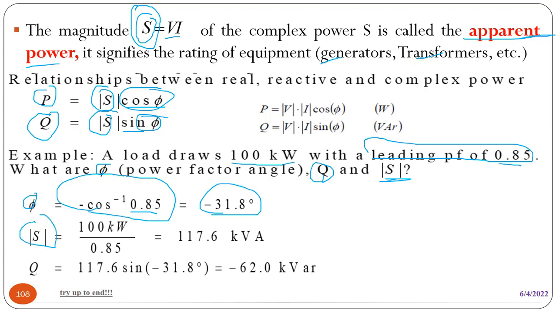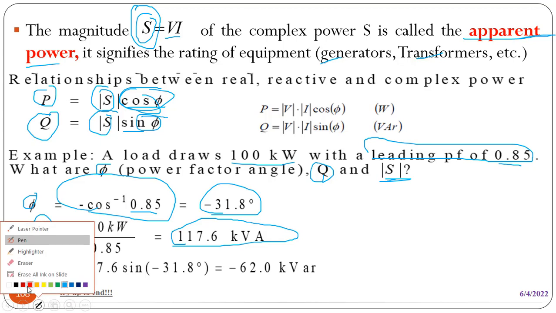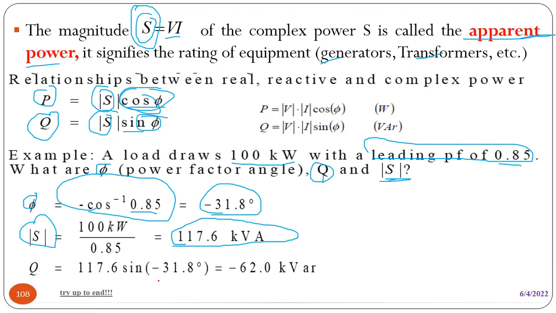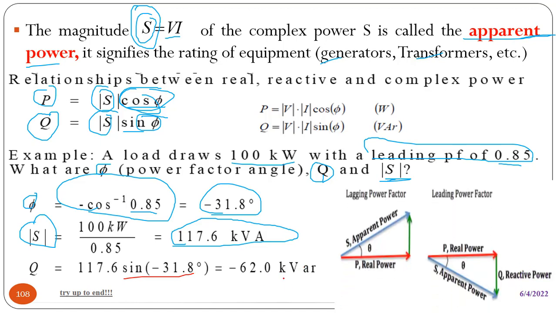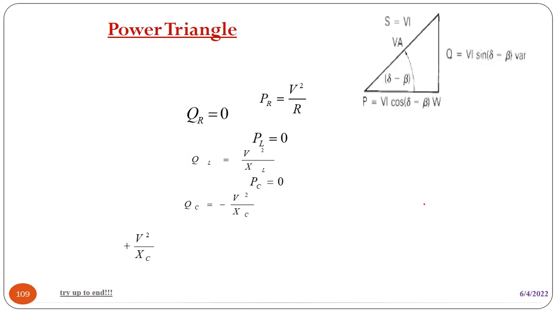Then apparent power is equal to the active power divided by the power factor, which is 117.6 kilovolt ampere. Therefore, the reactive power is equal to the magnitude of the apparent power times sine of the angle, which is minus 62.0 kilovolt ampere reactive. This is for the leading power factor, as opposed to a lagging power factor.